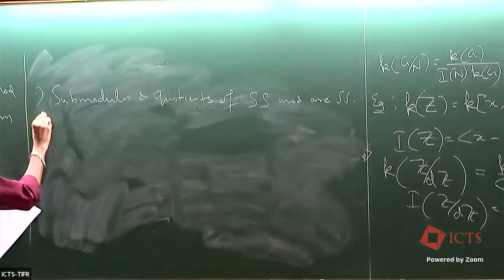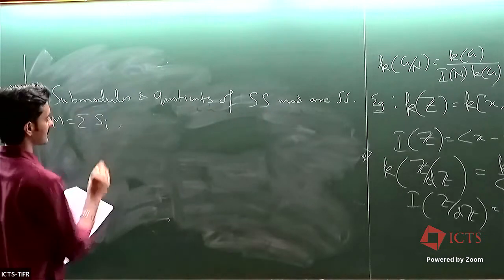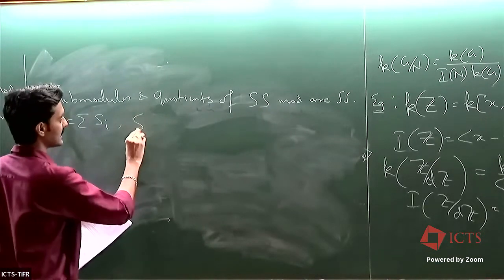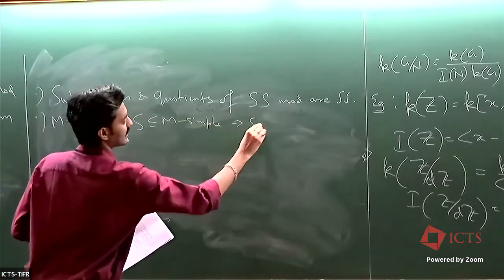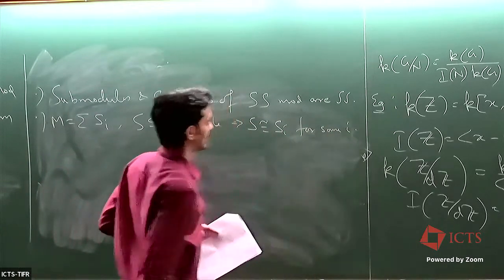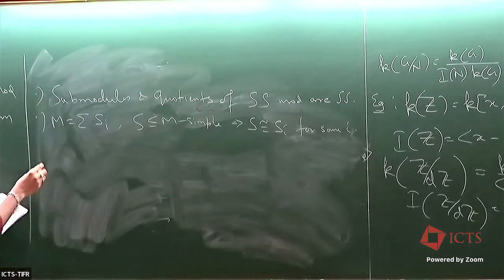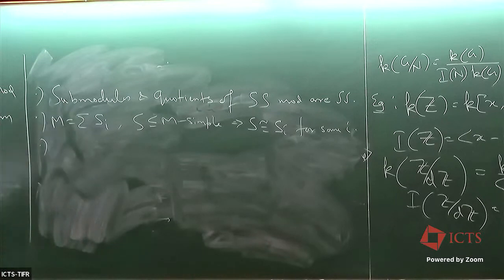Number 2, if M can be written as a sum of Si, where each Si is simple, then for any simple submodule S, this S is isomorphic to Si for some i. Number 3, for the proof of 2, you can use this third statement. That this M becomes a direct sum, therefore S is a quotient, and then for some Si the quotient map will be non-zero and therefore an isomorphism.